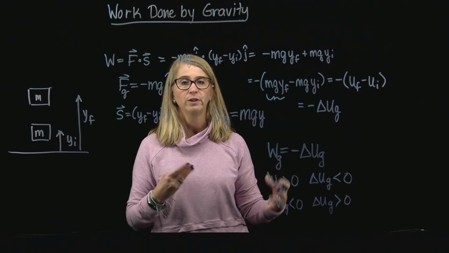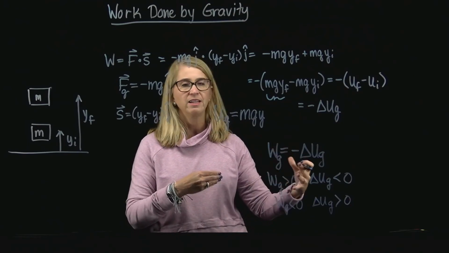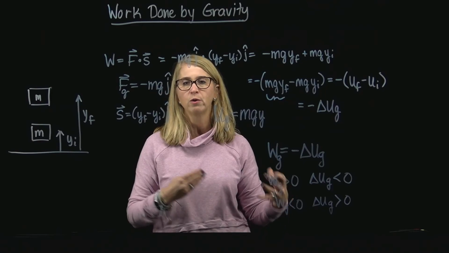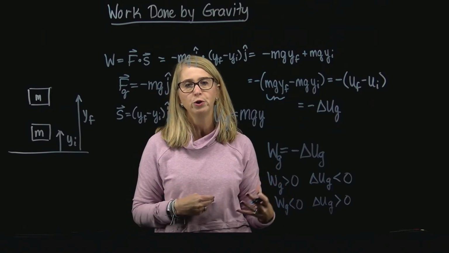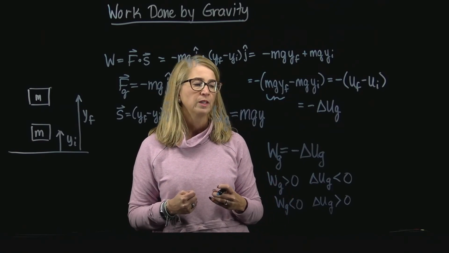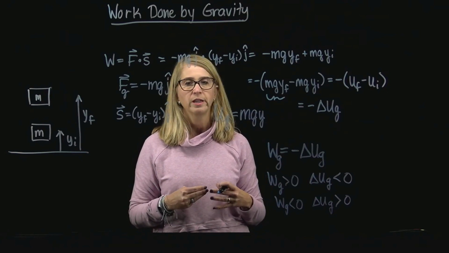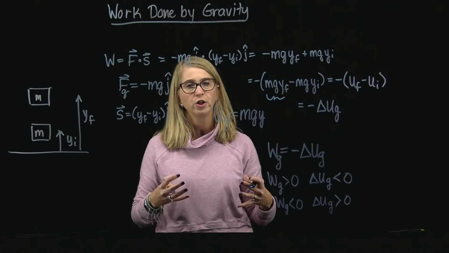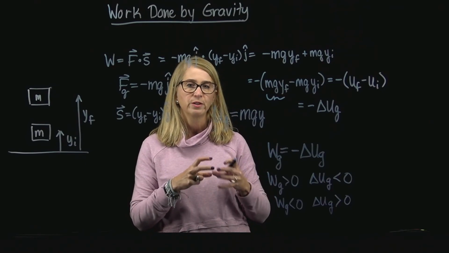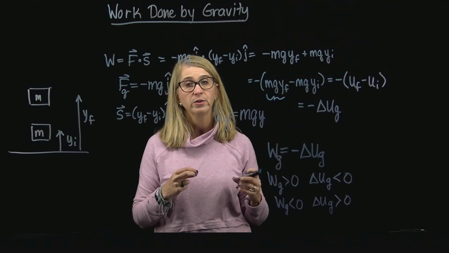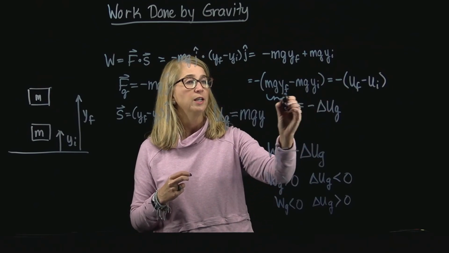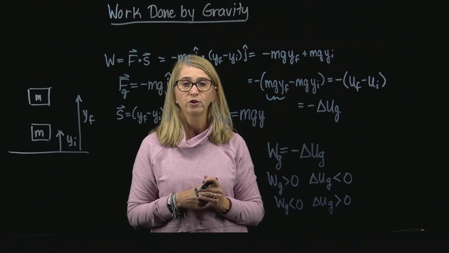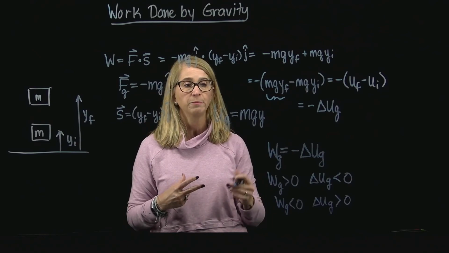So it really is the idea of how the energy is flowing and how it is stored or used in a system. In the end, we start to think of potential energy as stored energy, energy the system has based on where it is, because as you can see, that potential energy function depends on position.